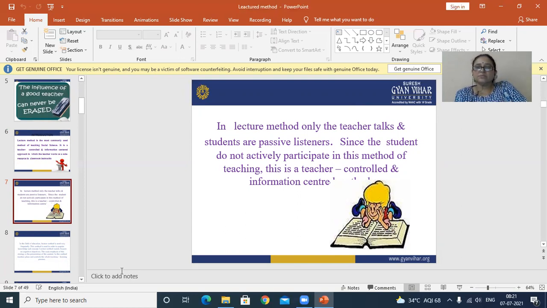Sometimes the teacher asks a question to know whether the students are getting knowledge or not. So the teacher should ask questions in lecture method to improve the learning process.